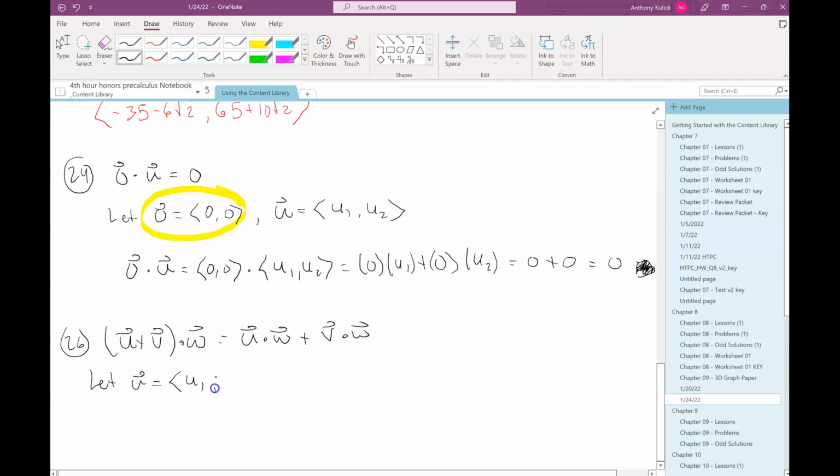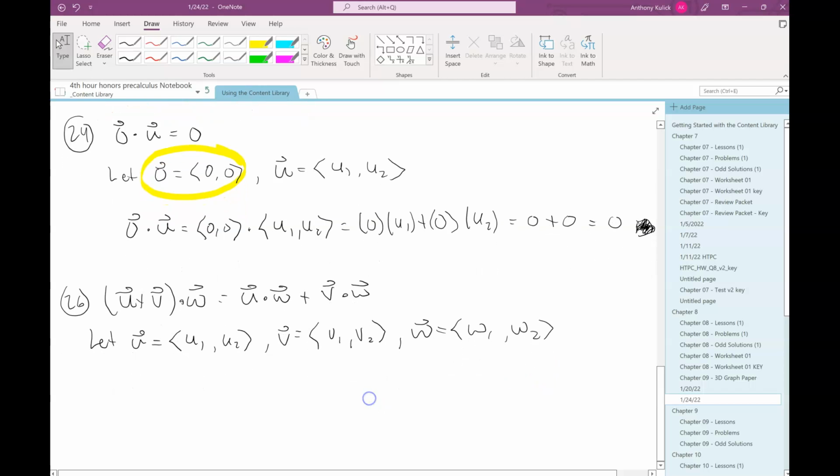So I'm just going to start by defining my vectors, u, v, and w, just kind of in that standard way. As in any standard algebraic proof, I'm just going to start with the left side and do things until I run into the right side. So I'm going to start by replacing these vectors with the component forms.